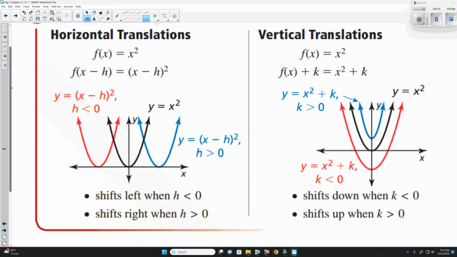So we talk about horizontal translation and vertical translation. It's the exact same, and you do have those in your note sheet. A horizontal translation shifts left when h is less than 0, and it shifts right when h is greater than 0.